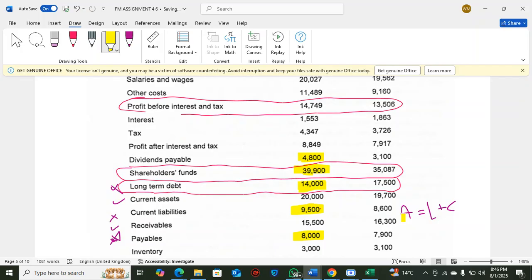Madam Mary? Plus 39.9 plus 39.9 plus 14,000.